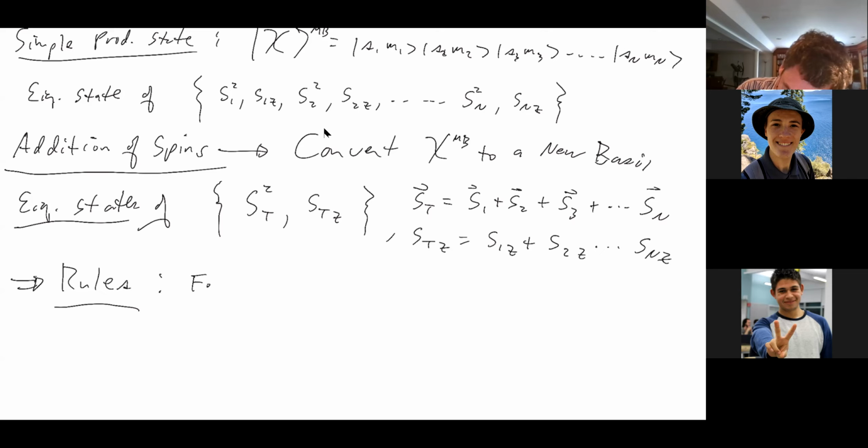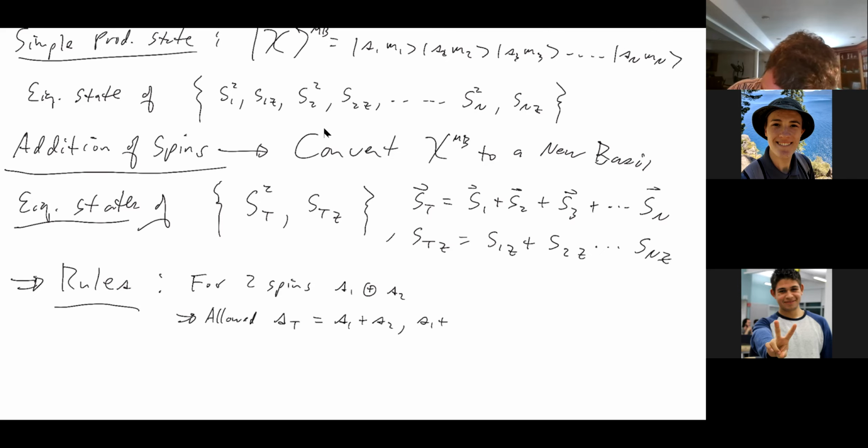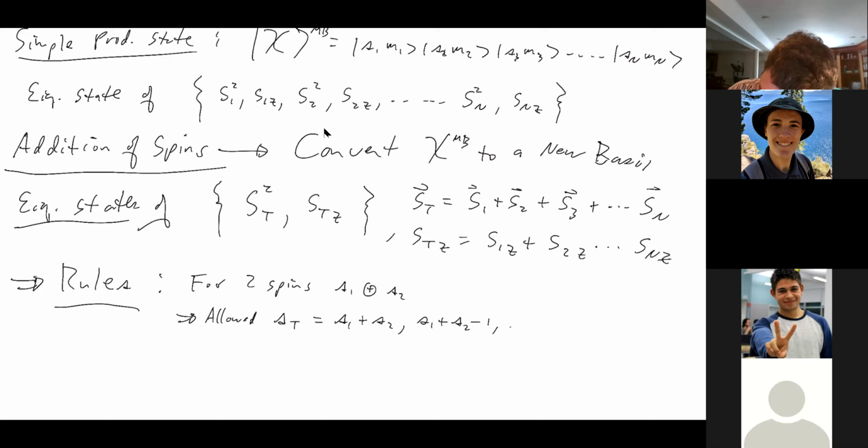For two spins, if we want to add two spins, S1 ⊕ S2, where I put a plus in a circle to indicate that we're changing basis, then the allowed values of S total are, first, the sum S1 plus S2, and then we ratchet our way down all the way to S1 minus S2.